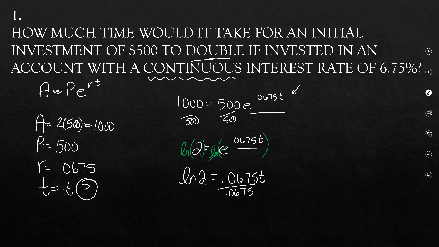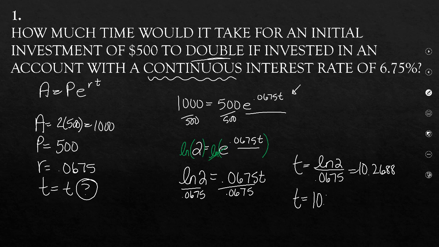So show your work for dividing by that interest rate in decimal form. Our time equals the natural log of 2 divided by 0.0675. That will give us a value of 10.2688. So real quickly, that means about 10.3 years is how long it takes for our money to double.